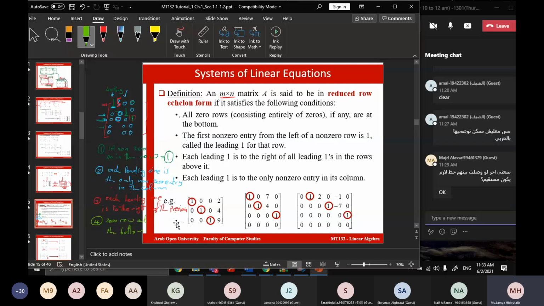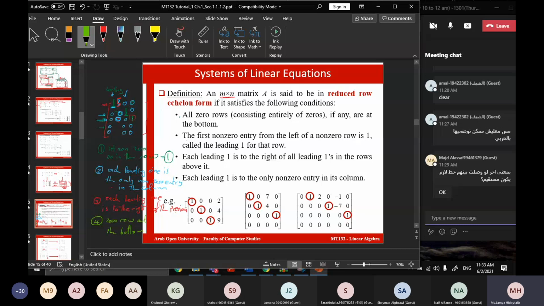So now we come to the third row. The first non-zero entry is 1. All the other elements with it are zeros. It is the only non-zero entry there.